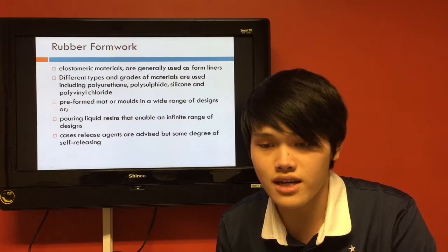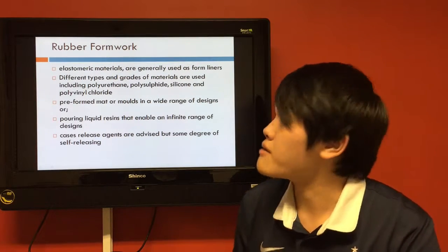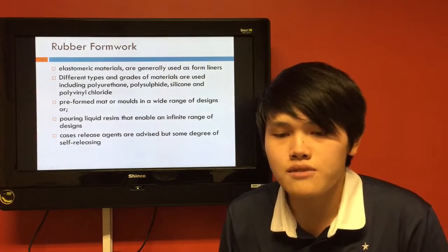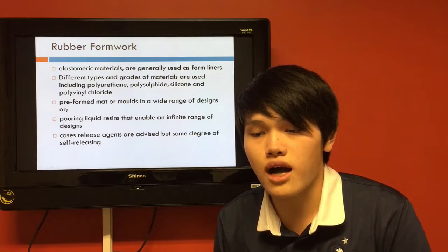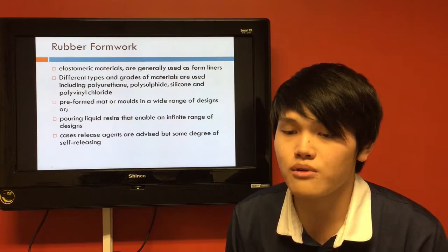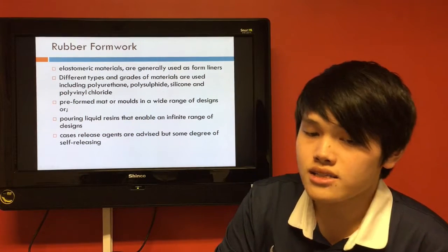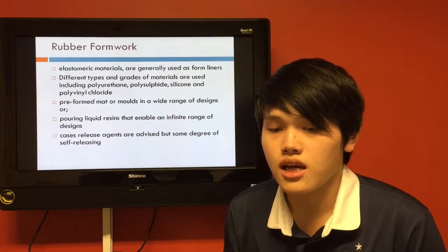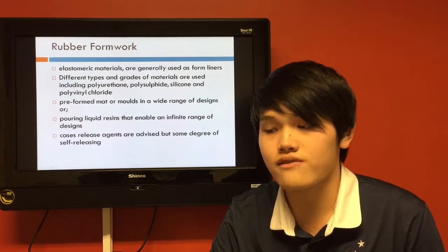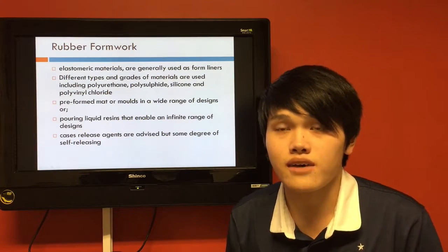Different types and grades of materials are used, including polyurethane, polysulfide, silicone, and polyvinyl chloride. They are preformed or molded in a wide range of designs, or a liquid resin is provided that enables an infinite range of designs. Release agents are advised, but some degree of self-releasing is fine in rubber, though it is still advised.